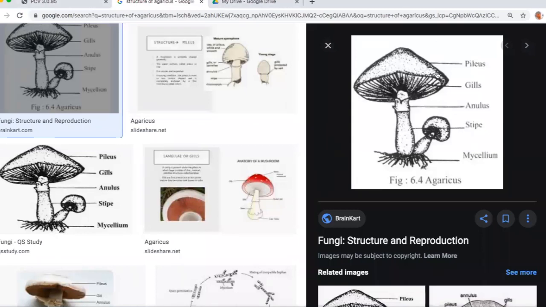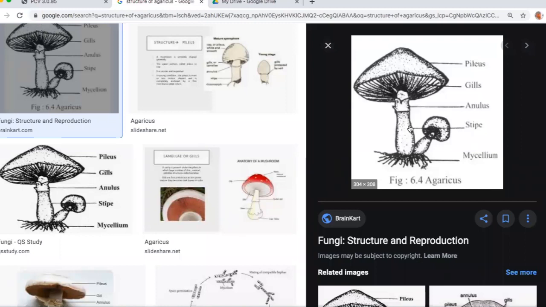Okay, so this is the structure of Agaricus. You're able to see the stipe, the annulus, the gills, and the pileus, which is nothing but the cap. Pileus is also called the cap. I told you, the annulus is also called the collar. And then the stalk is that stick-like, club-like structure.